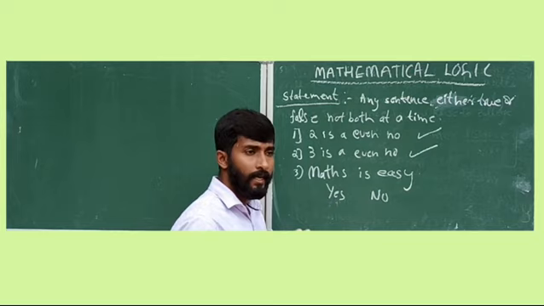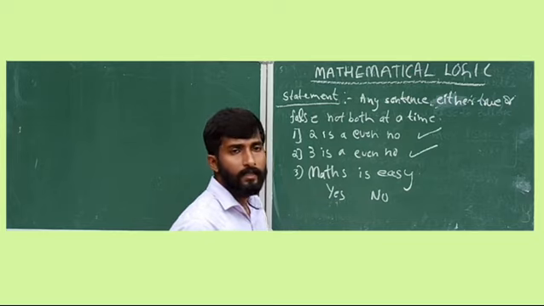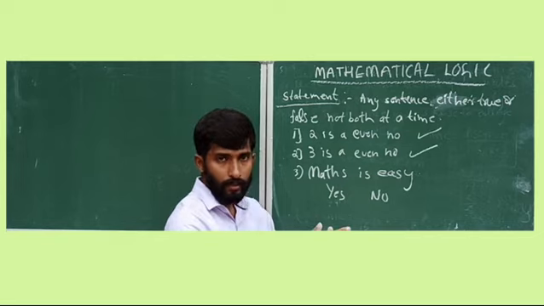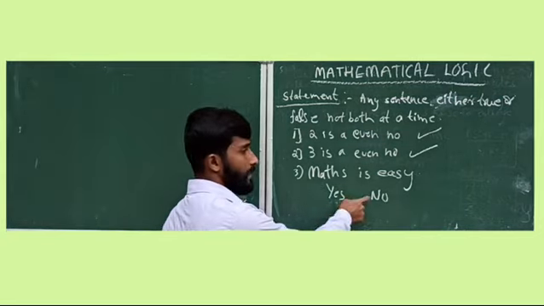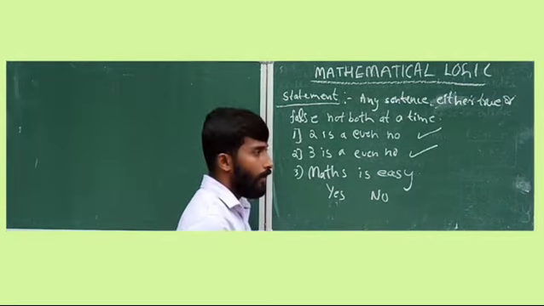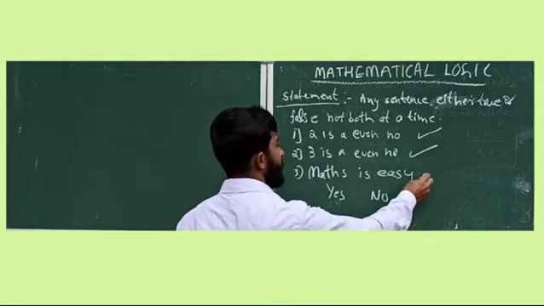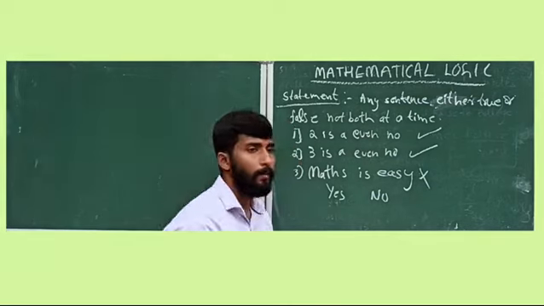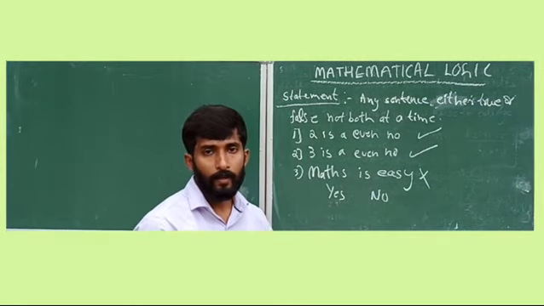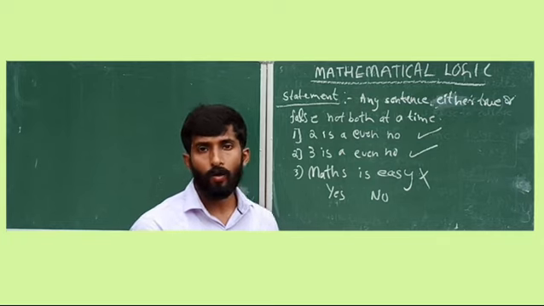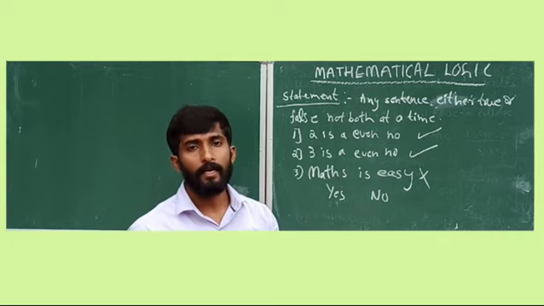We can't say it's true only, or false only. There is a confusion, right? We can't decide yes or no. It may be true or it may not be true. Therefore this is not an example for a mathematical statement. Clear? A mathematical statement is one you can say clearly is either true or false, but not both at a time.